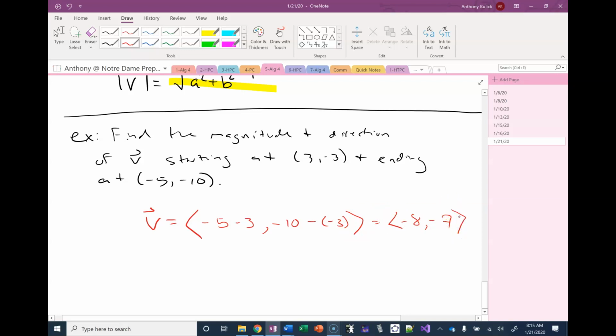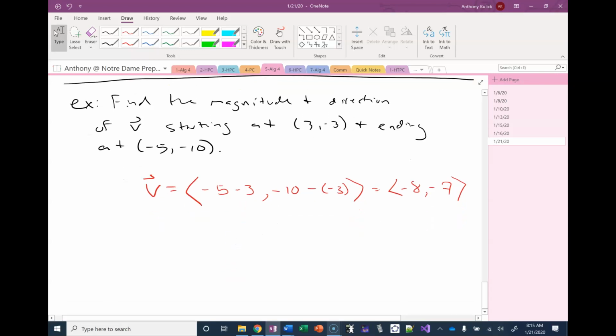Which gives me -8, -7. Everybody happy there? Now that my vector's in component form, it's quite easy to find the magnitude. Everybody okay there?